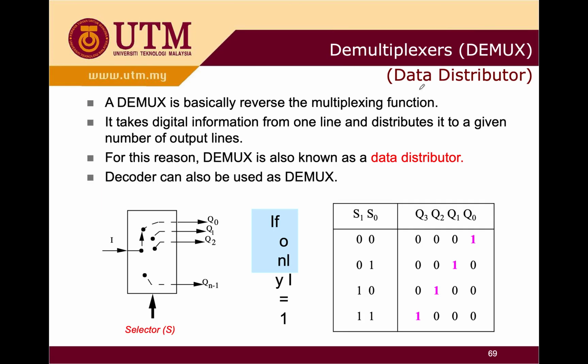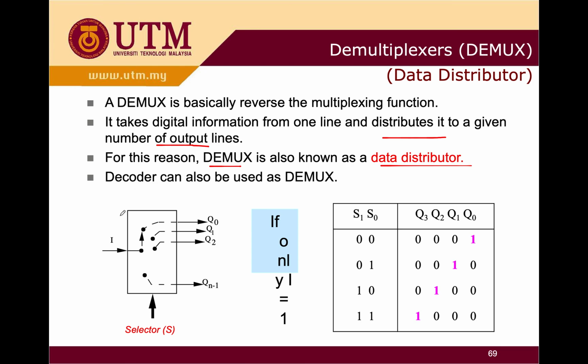Now we look into our DEMUX or demultiplexer, which is basically the reverse. Of course, same as what we learned previously with decoder and encoder, it is vice versa. It takes digital information from one line and distributes it to a given number of output lines. That is why DEMUX is known as a data distributor.